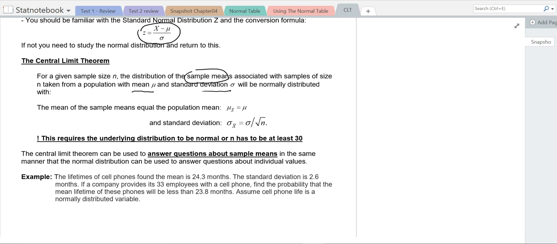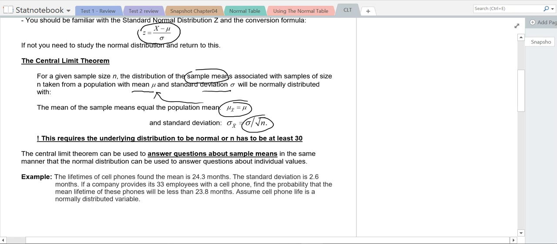The sample means will have a normal population, and that population will have mean equal to mu, which is from the underlying population, and standard deviation equal to sigma divided by the square root of n. And again, sigma itself comes from the underlying population.